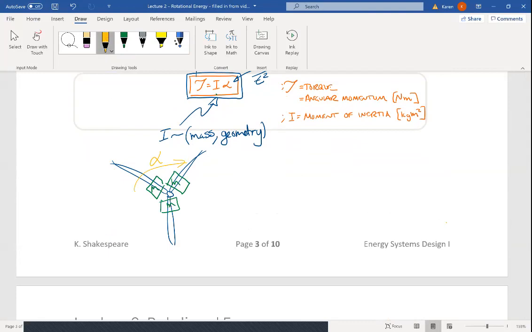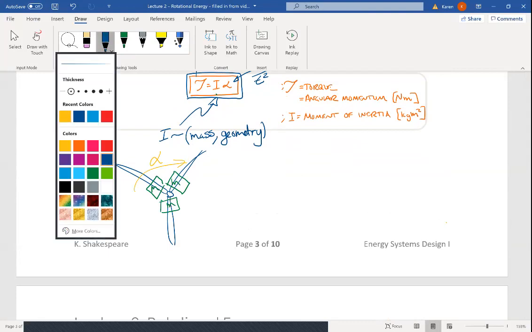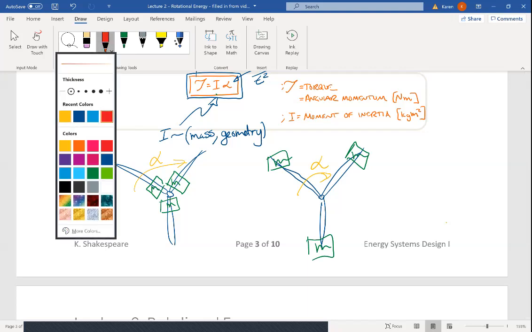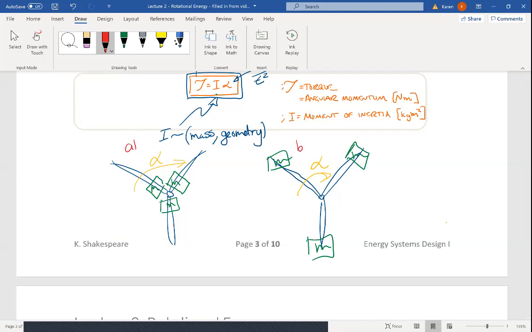And let's think about the amount of torque we would have to apply to stop that system versus if we had a wind turbine that was built a bit differently and it had a lot of mass sitting at the outer radius. So this is a pretty dysfunctional wind turbine, and I don't recommend it. But say the mass is distributed further out and it's spinning with that same angular acceleration, then how much torque is it going to take to slow down wind turbine A versus wind turbine B?